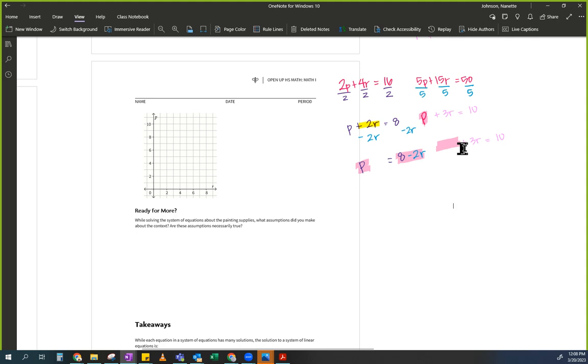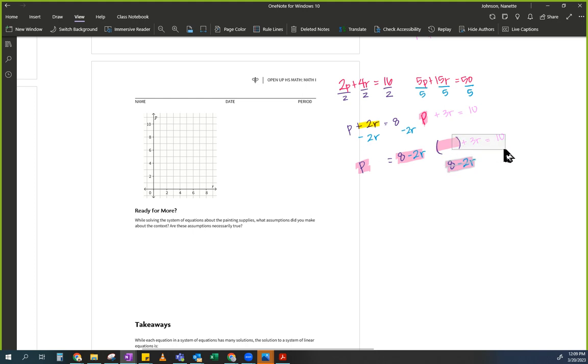So all of that equation stays exactly the same. What goes in here? And I'm going to use parentheses too. Now you're going to copy this part, Miss Johnson? Yep. And I'm going to put it right in here.